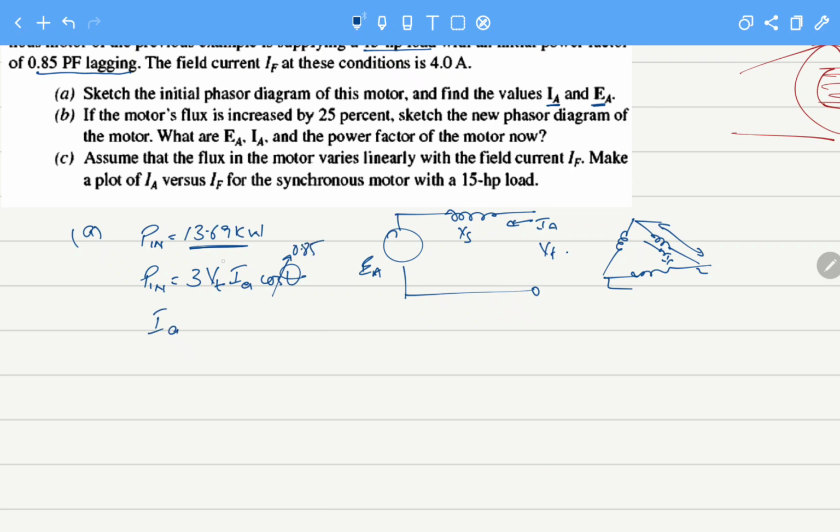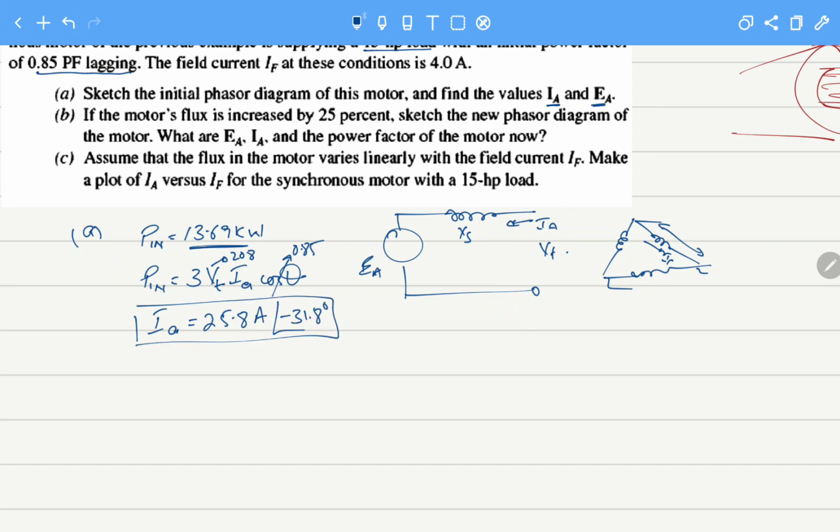The value of Vt is 208 volts, that is given, and input power we know. So the value of IA we can calculate from these values, and it becomes 25.8 amperes with an angle of minus 31.8 degrees.